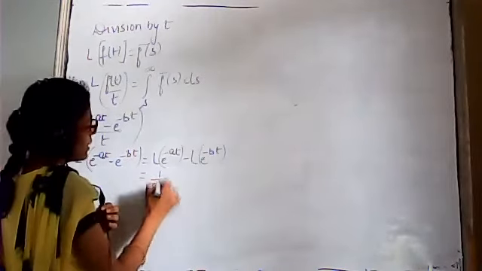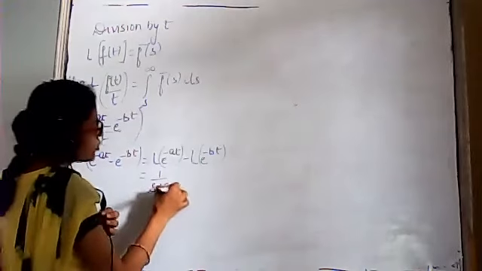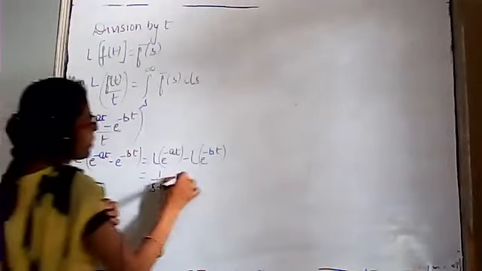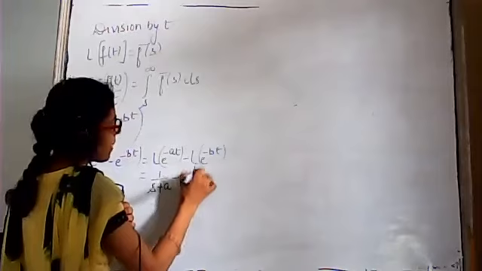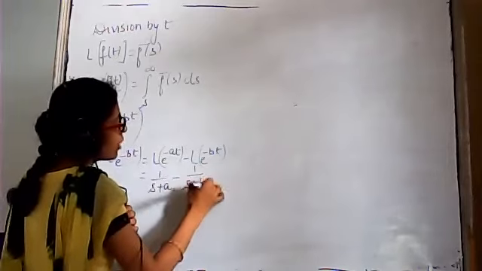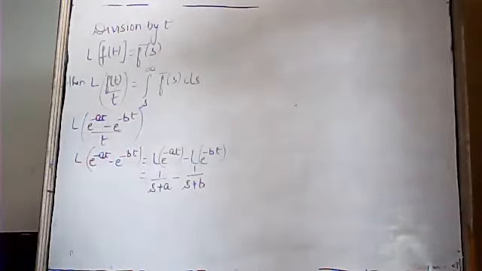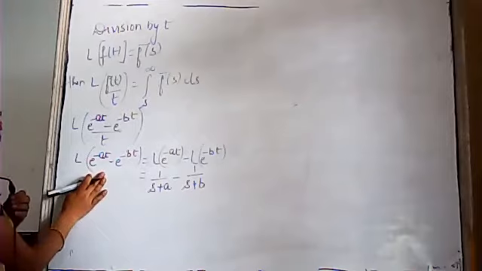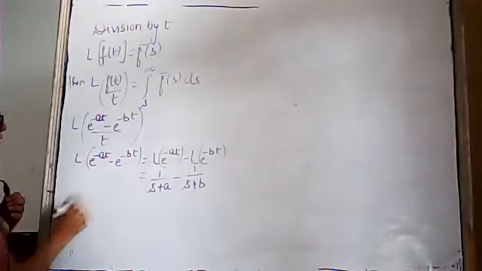Laplace of e^at is 1 upon s minus a, but here what will happen, s plus a. Laplace transformation of e^-bt will be 1 upon s plus b. Now we have to divide this term with t.